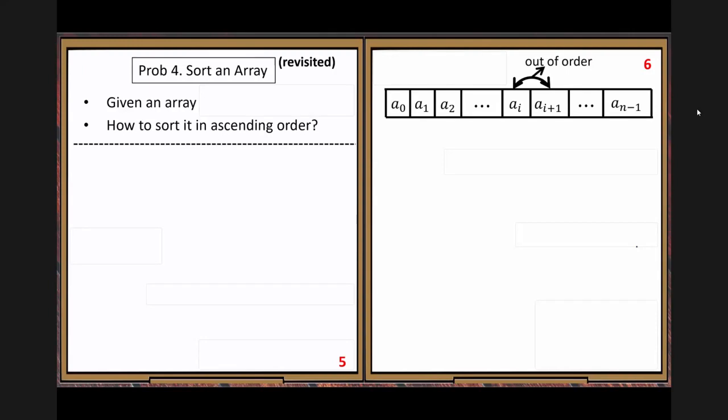They may be out of order, but sometimes they are in ascending order. When we select two elements from the given array, if these two elements are in ascending order, that means the second one is greater than the first one.